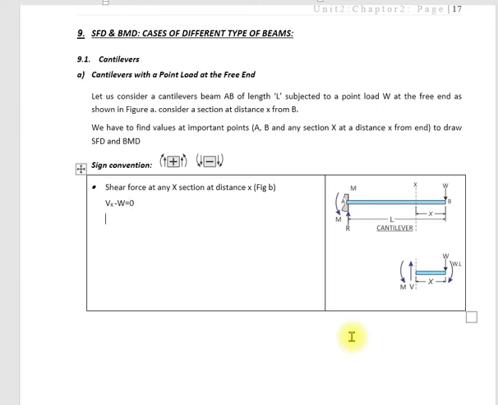So how much is Vx? Vx is plus W. So for this section Vx is plus W, and for the rest of the beam, as no load is applied in between, it will remain the same. So Vx will remain plus W.